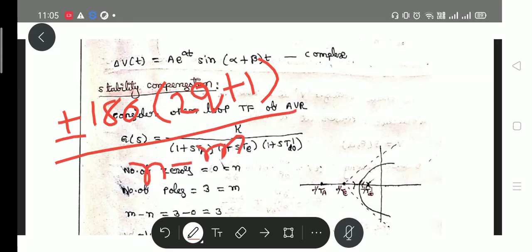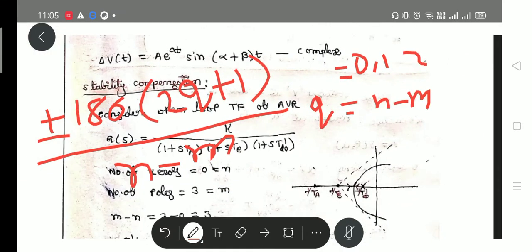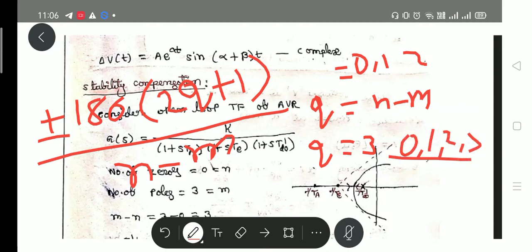Here q depends upon n minus m, so q is taken as 0, 1, 2, 3 and so on. Here n is equal to 3 and m is equal to 0, so we can take q values up to 3: 0, 1, 2, 3.